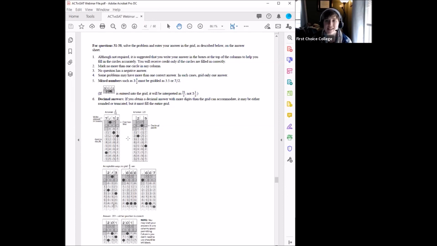But it is something I have seen students do taking practice tests, and I'm hoping they don't do it on the real test. I have seen students who ultimately get the question wrong because instead of doing 2/3 or 0.666 or 0.667, all of which are equal and considered a correct answer by College Board, they do 0.66, putting that 0 in the front place the way that they're trained to do because it's right, and they'll get the question wrong.